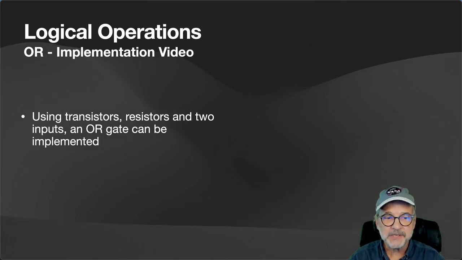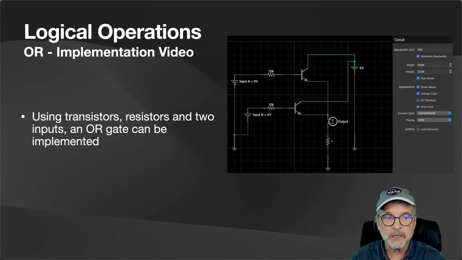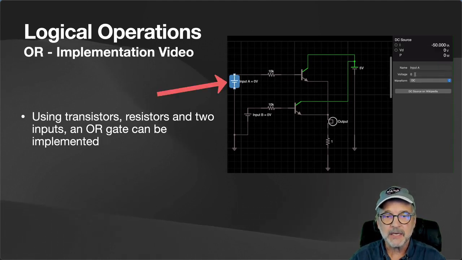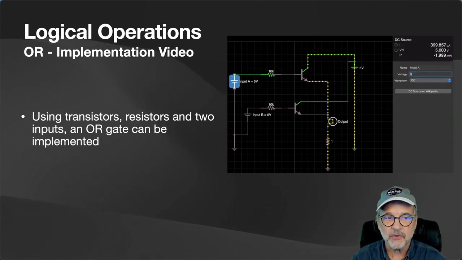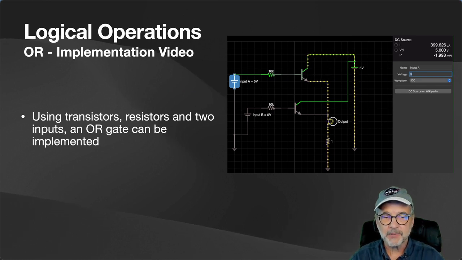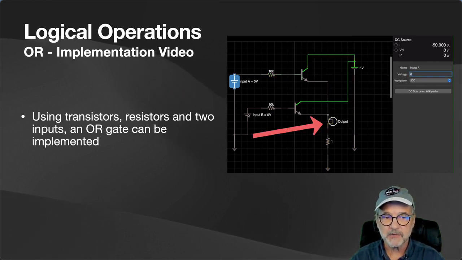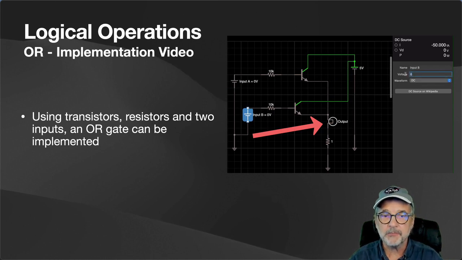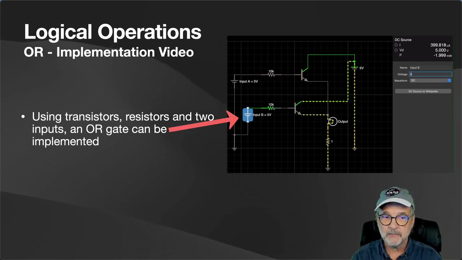So let's take a look at a simulation of how an OR gate works. I'm going to go ahead and turn on input A by sending in, in this case, 5 volts. And you can see how the lamp is now turned on. We set it back to 0, the lamp is turned off. Now we're going to go to input B, turn that on. The output is turned on, the lamp is on.